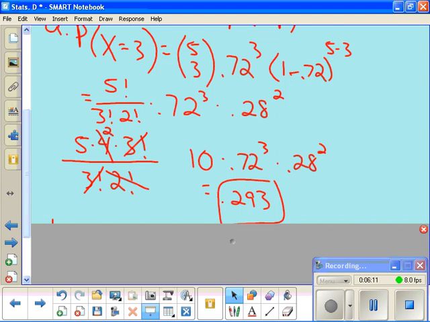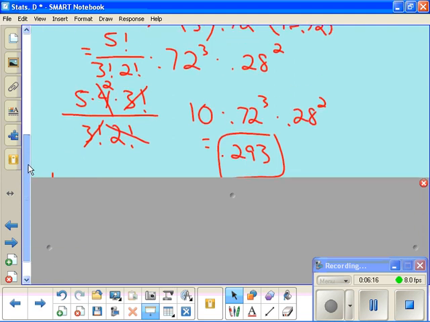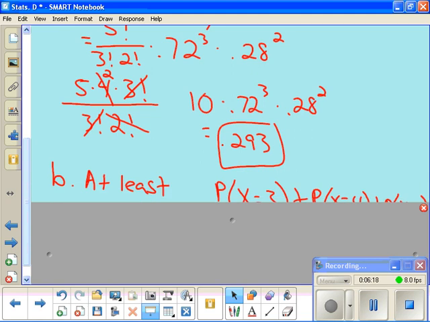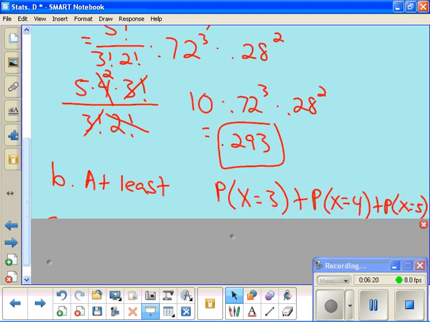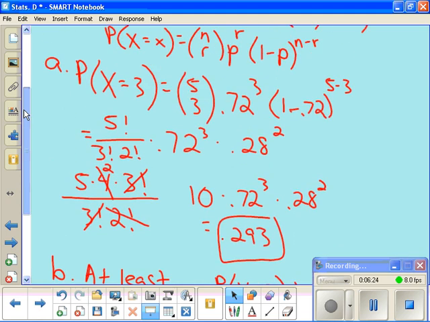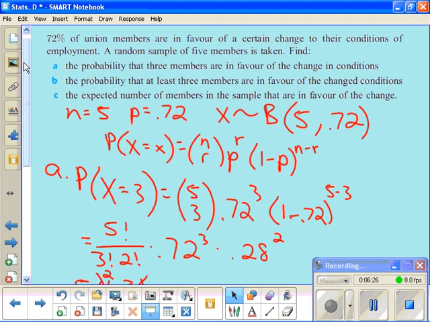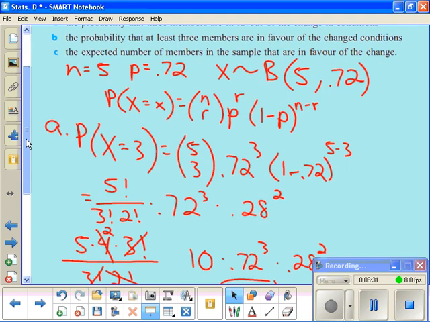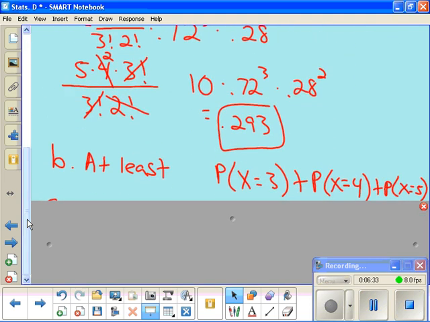Now the next piece is where we're going to use the calculator. We could have used the calculator there as well, and I'll show you what that means in a second. But now we have to switch it around to say at least. The second one says, the probability that at least 3 members are in favor. So that means 3 members, 4 members, or 5 members. So we could go through and add up the probability of it being 3, plus the probability of it being 4, plus the probability of it being 5.